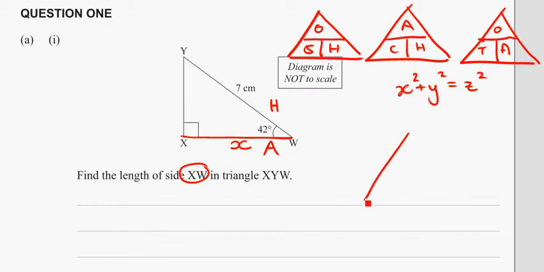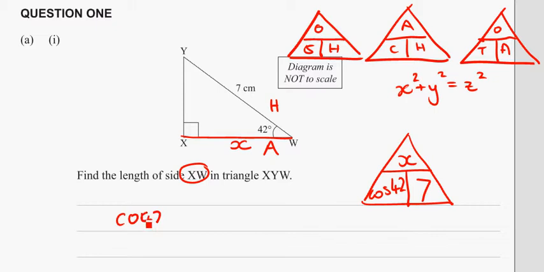So for those of us that like using the triangles, the adjacent side is little x, the hypotenuse is 7, and in here we write cos of 42. One nice line of working, cos 42, let's tidy that up.